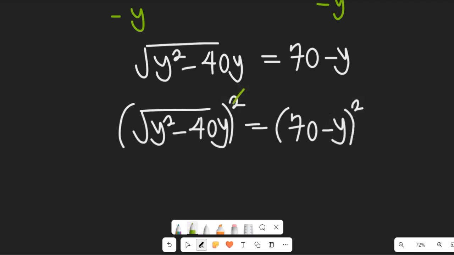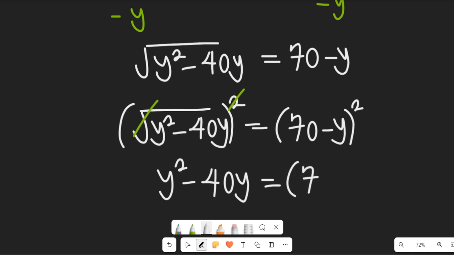This is going to clear the square root, and then we'll have y squared minus 40y equal to 70 minus y all squared.